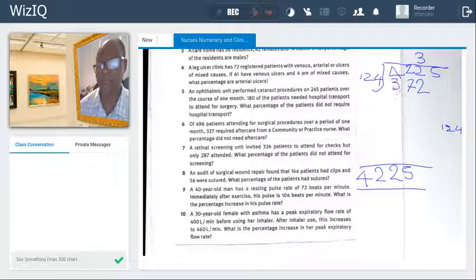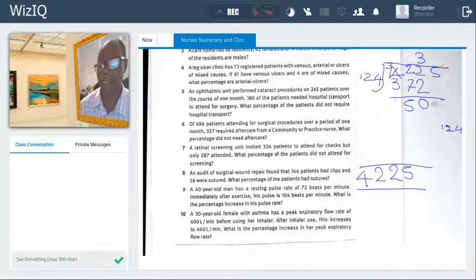So I have 372. If I subtract this, 2 take away 2 is 0. 2 take away 7 is not possible, so I'm going to borrow 1 from here. I'm left with 3. That one becomes 10. 10 plus 2 is 12. 12 take away 7 is going to be 5.